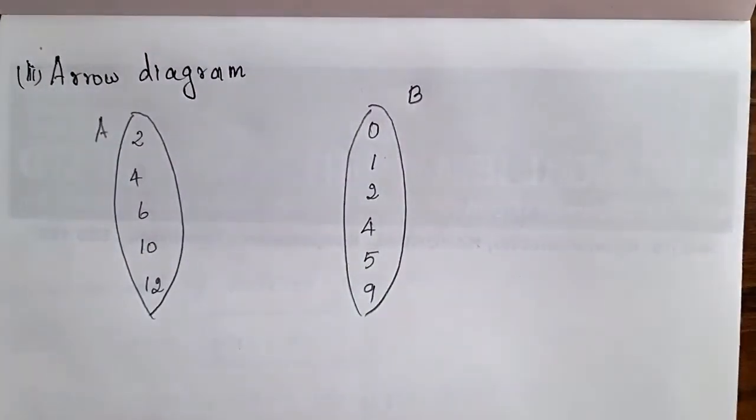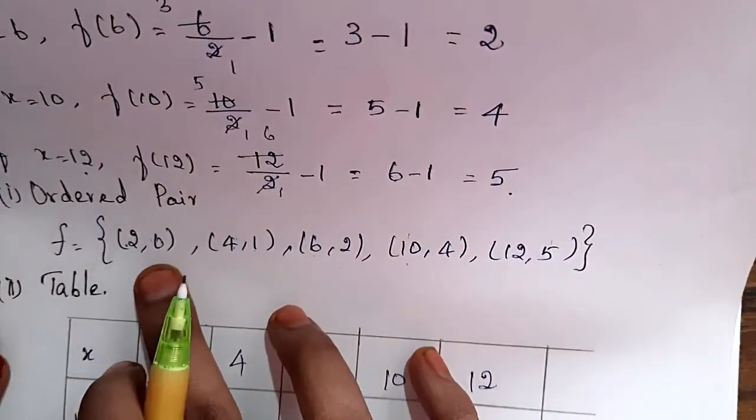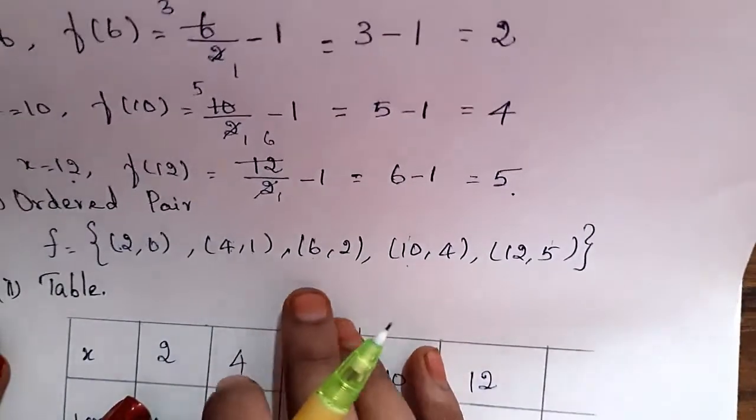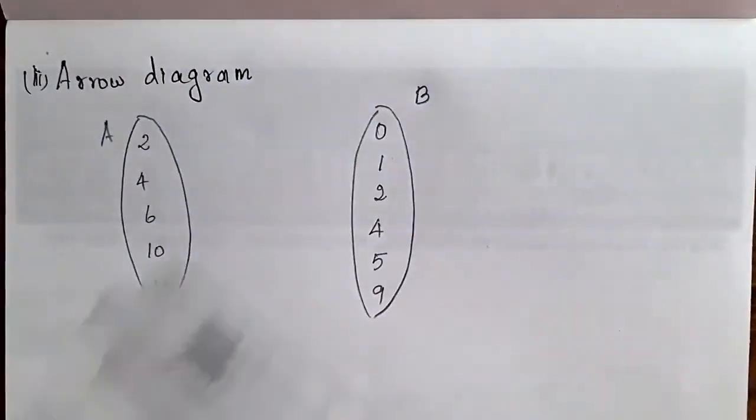Now we can map using the ordered pairs. Using this we can map now: 2 and 0, 4 and 1, 6 and 2, then 10 and 4, 12 and 5. Just we can map.